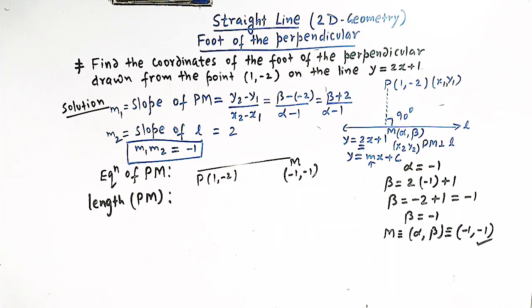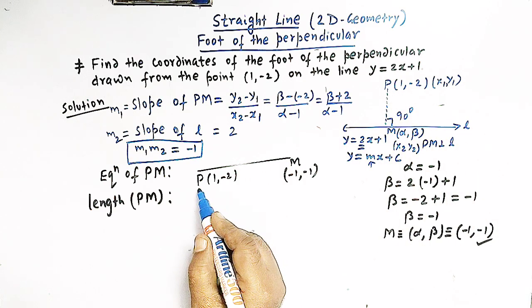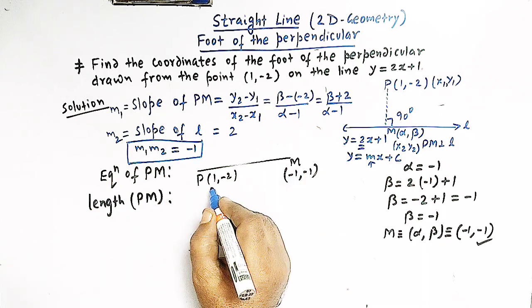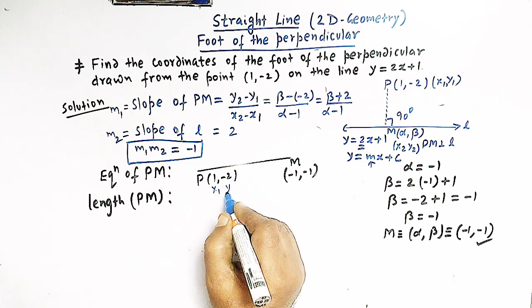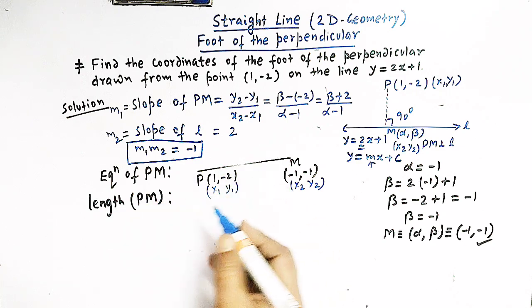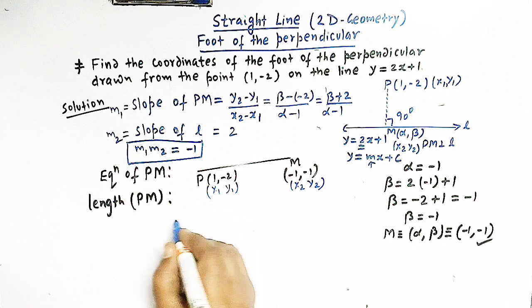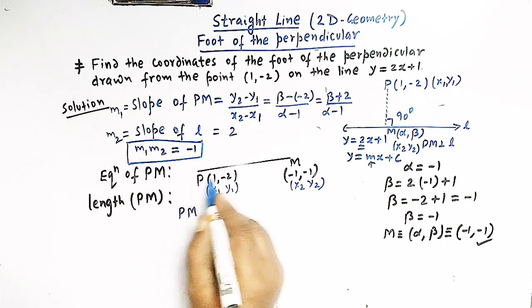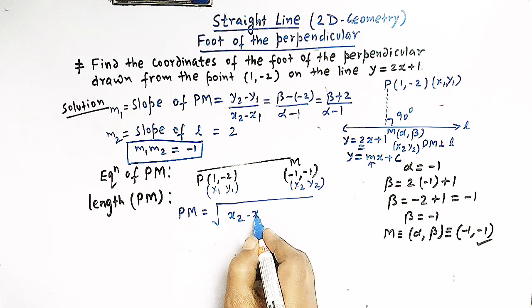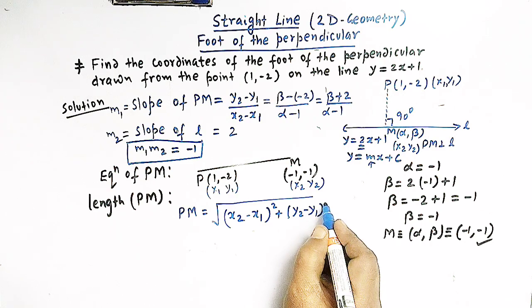So now let us find out the length of this perpendicular, that is PM. So we have the coordinates of point P and the coordinates of point M, and here we are taking this coordinate as x1 y1 and this coordinate as x2 y2. So by using the distance formula, that is distance between 2 points, we can use this result, that is PM is given by the square root of x2 minus x1 square plus y2 minus y1 square.